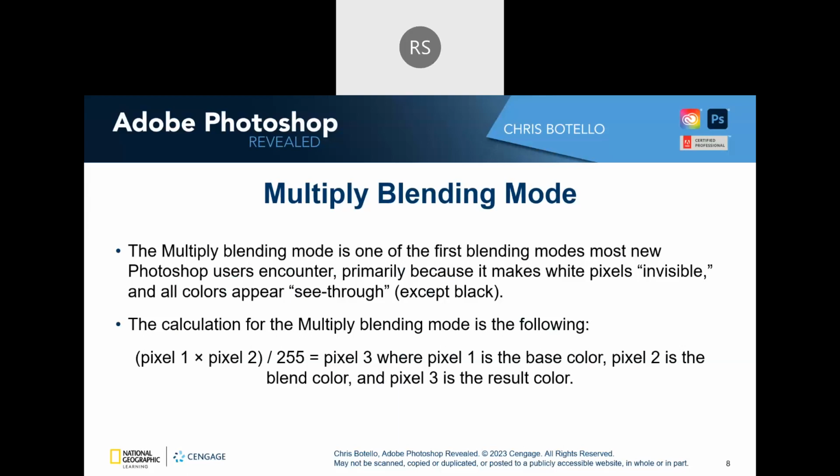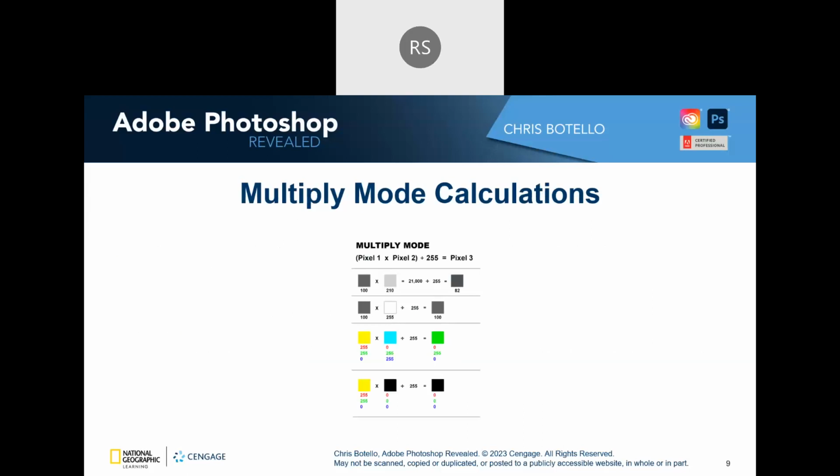In this case, pixel 1 is your base color, pixel 2 is the blend color, and pixel 3 is the result color. And it's going to be divided by the 255 gray. As we see some calculations of how the blending modes are calculated in the multiply mode.